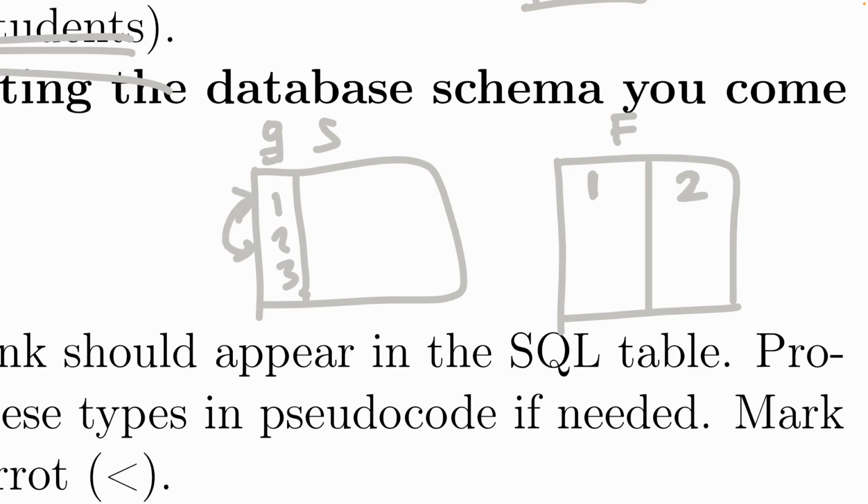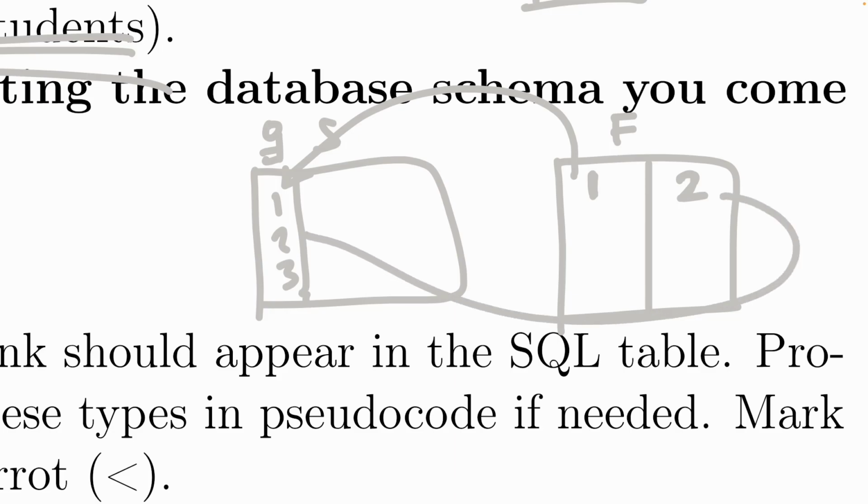So I'm connecting student 1 to student 2, where ID 1 is pointing to the first student in the student table, and ID 2 is pointing to the second student in the table.